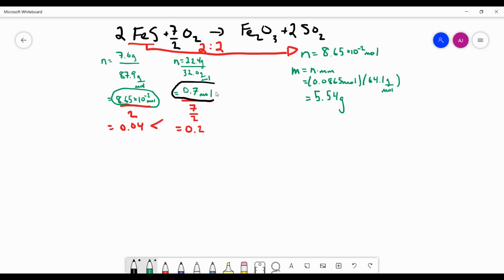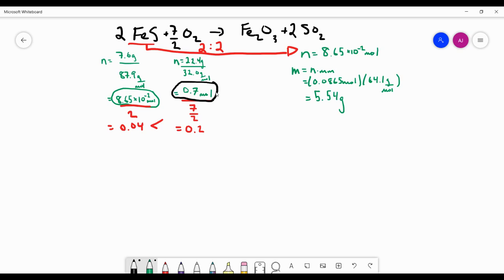This is the total amount of oxygen that we started with. What we need to do first is to determine how much oxygen was left over. So that's going to be the excess oxygen.